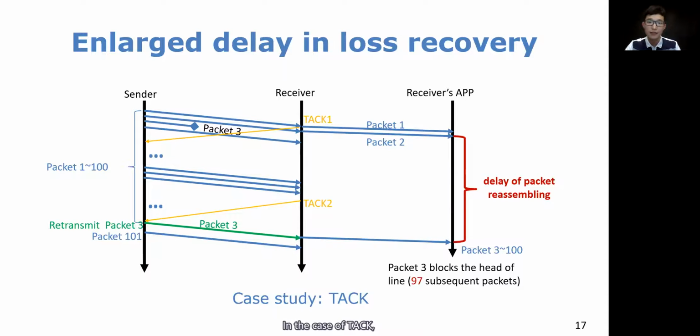In the case of TACK, the loss of packet 3 blocks the head-of-line with 97 subsequent packets. When loss occurs during the TACK interval, the excessive TACK delay disturbs loss detection, resulting in costly retransmission timeouts. TACK loss further aggravates this problem.